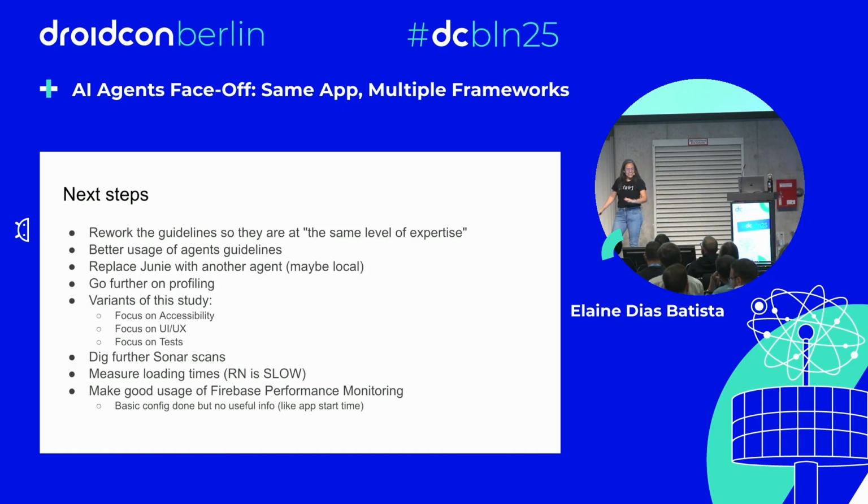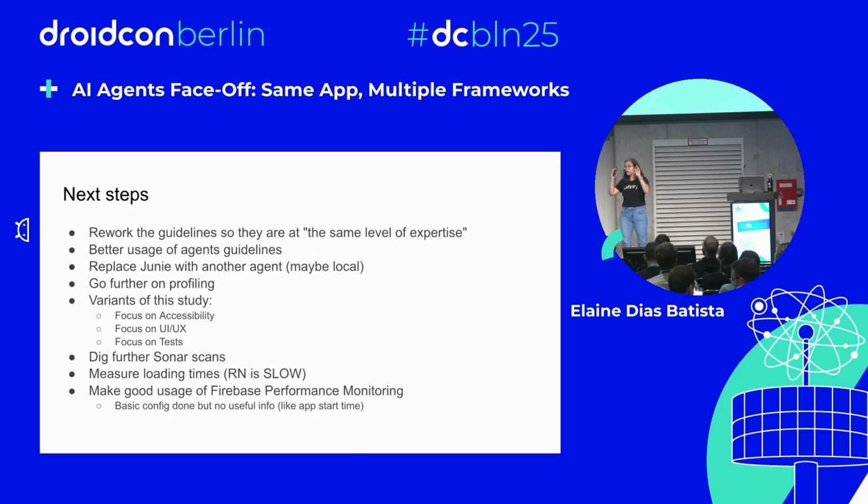OK, next steps. As I said at the very beginning, I didn't look at the guidelines that were given for each technology. I would redo the experiment, but making sure the requirements are at the same level, especially that they have the same tone. Like say, oh, you must put this kind of file in this directory.